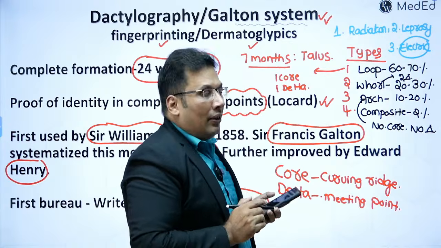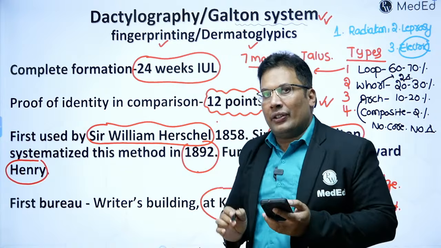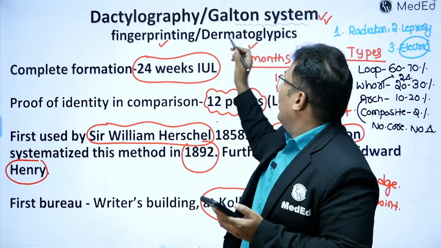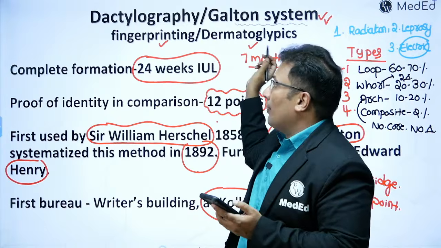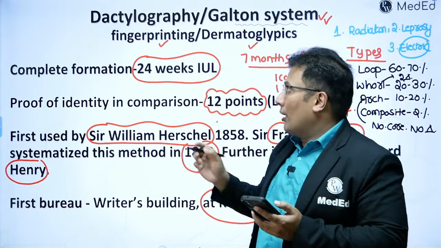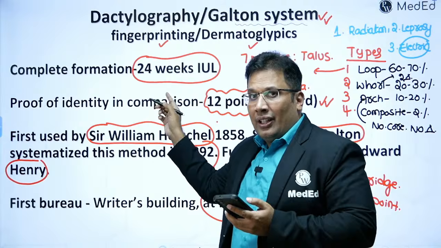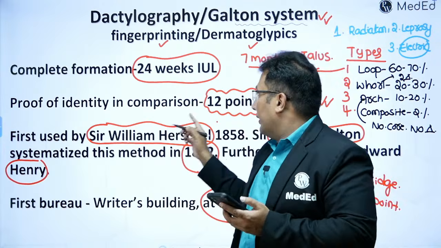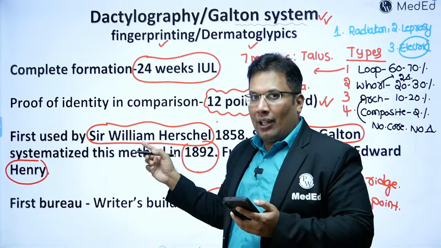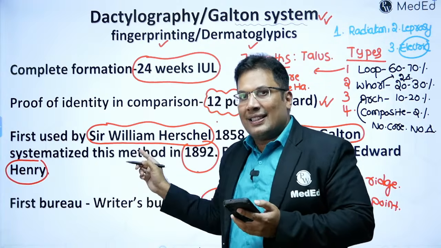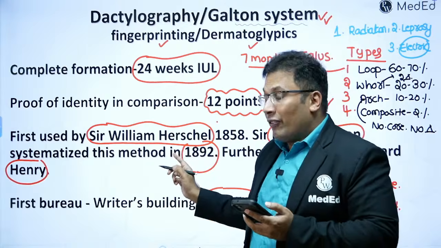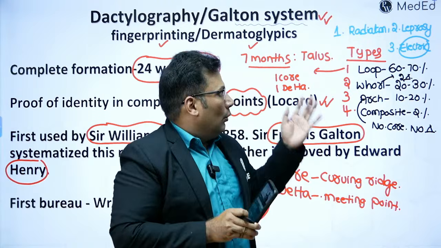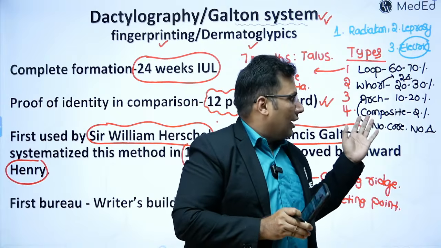So I'll repeat again. Whenever a 5 marks question is asked, you need to define fingerprint. That is fingerprint known as dactylography, Galton system, fingerprint system, dermatoglyphics. They are formed around 7 months or 6 months, and the talus that appears at the same time. The proof of identity, at least 12 points as per Locard. William Herschel, Francis Galton and Henry, and first bureau was in Kolkata. There are 4 types of fingerprint: loop, whorl, arch and composite.